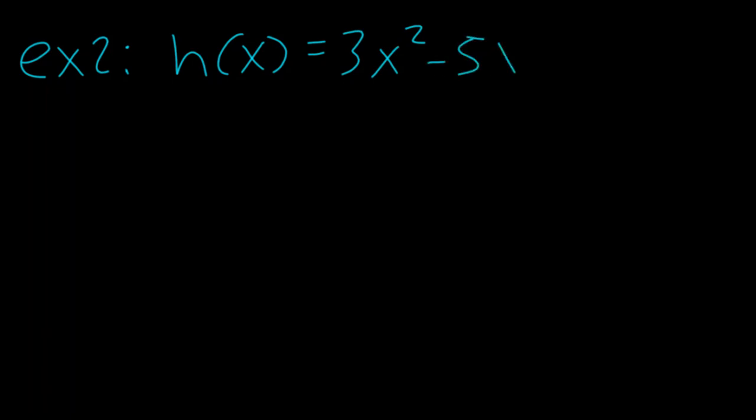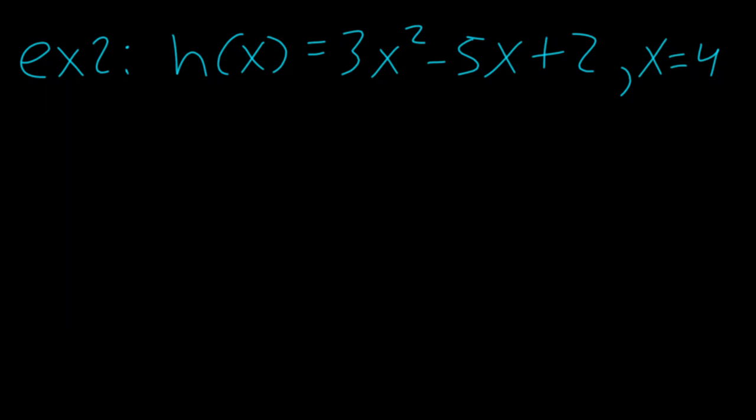Okay, here we are in example 2. Now what if I gave you the function, and instead of using f of x, I give you h of x, which really doesn't change anything. It's just saying we have a different function, and I give you 3x squared minus 5x plus 2, and we're going to evaluate this where x is equal to 4.